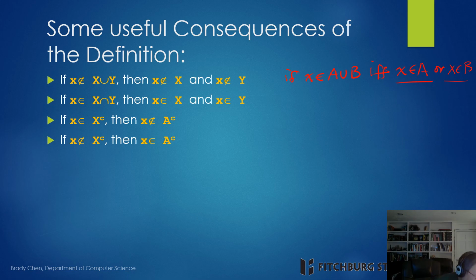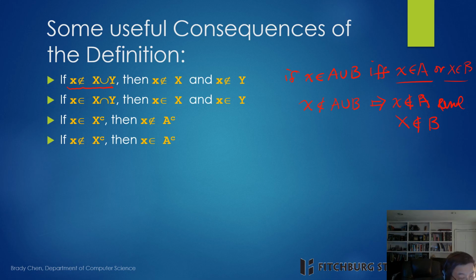That means that if X does not belong to the union of A and B, then X does not belong to A, and X does not belong to B.